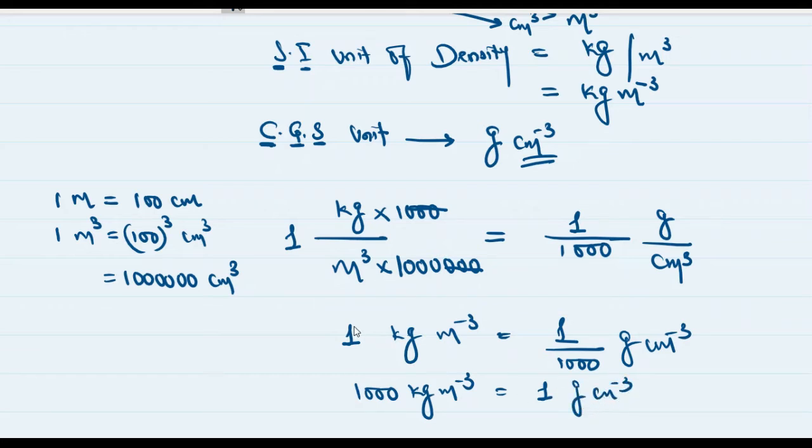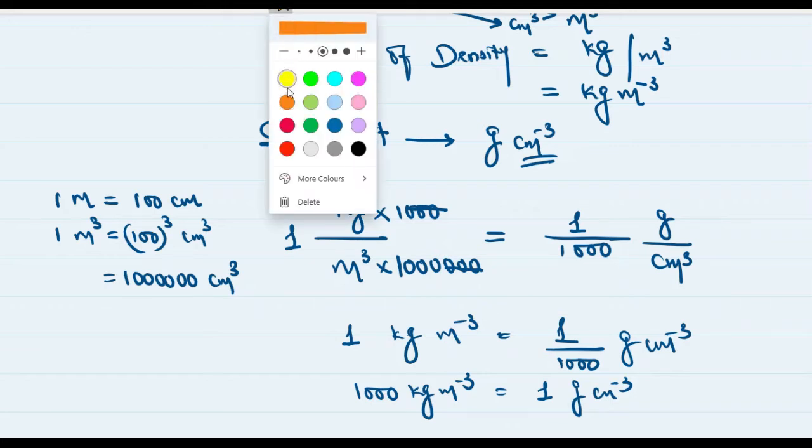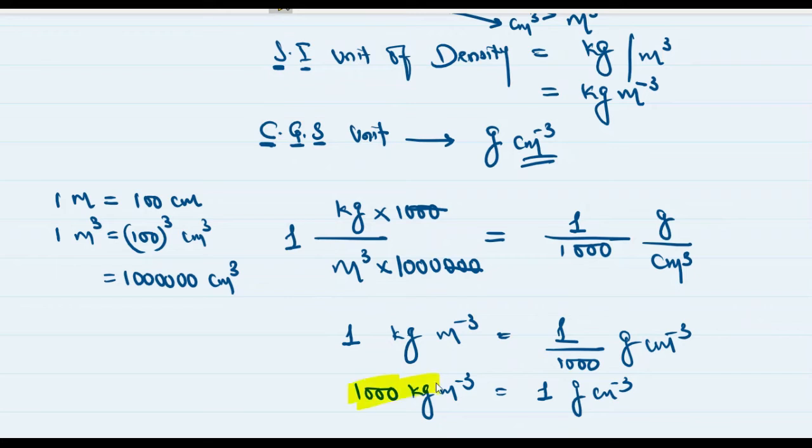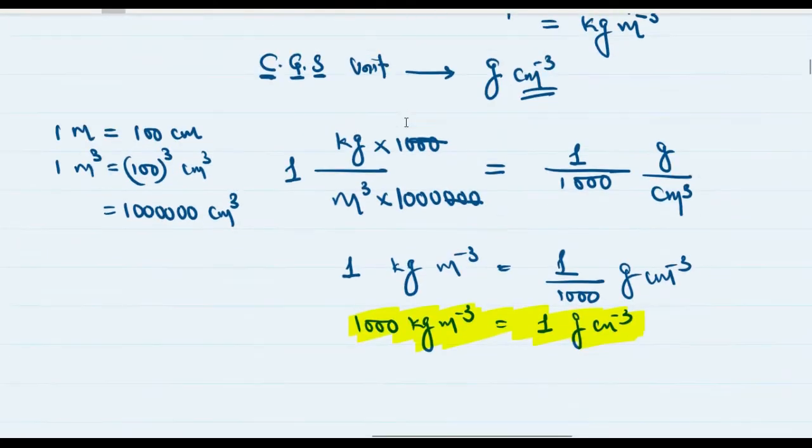So this is nothing but the relationship between the SI unit and CGS unit of density. And this is extremely important. This will be useful from now up to class 12th, the whole concept of density with the SI unit and the conversion of SI unit and everything. Okay, 1 gram per centimeter cube is 1000 kg per meter cube.